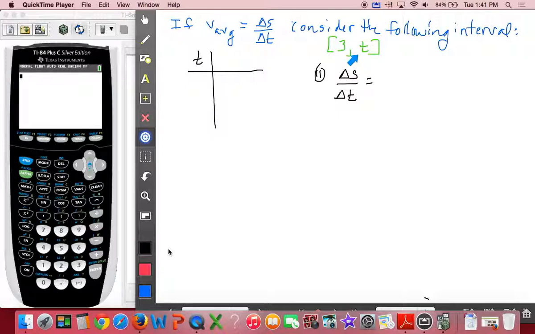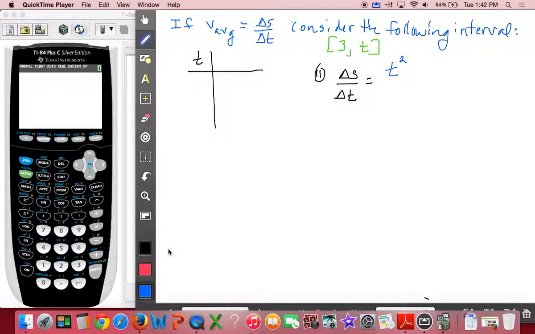Distance is s. This is the part that's going to be hard for you to swallow at first. My distance is t squared for t, because we're doing change in distance. So the numerator is distance; distance s can be swapped with t squared, they're equal. That's for when we don't know the actual time.